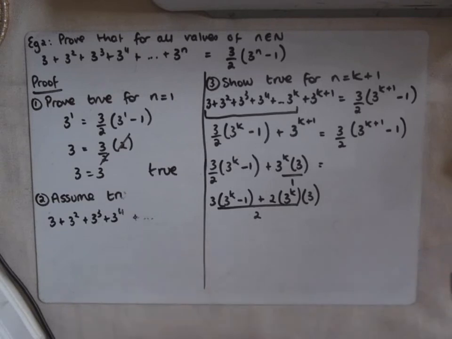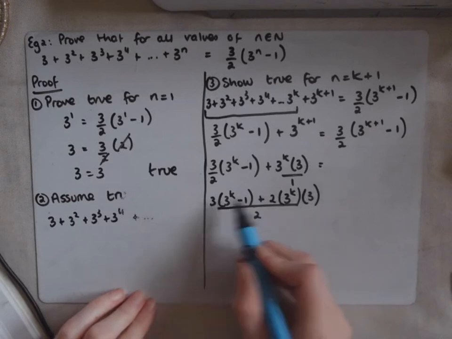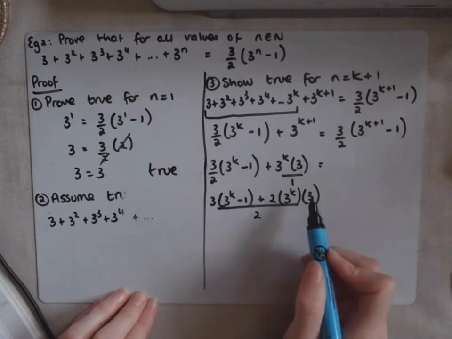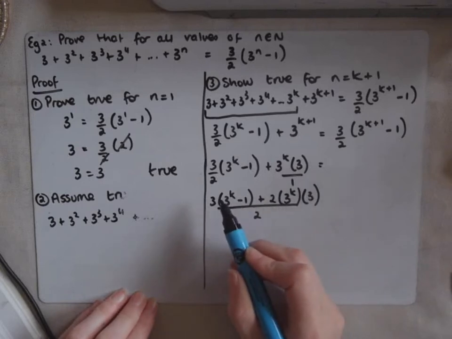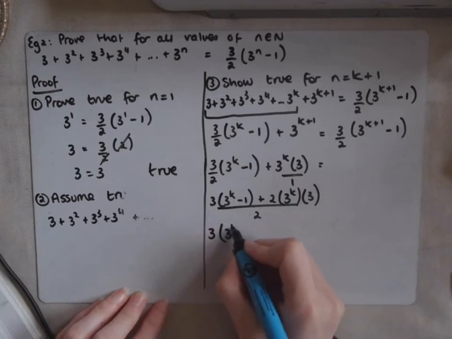Now, if I look at this, I can see that the 3 is common on both sides. So let's factorize out the 3. 3 comes out, and here I'm left with 3 to the power k minus 1.